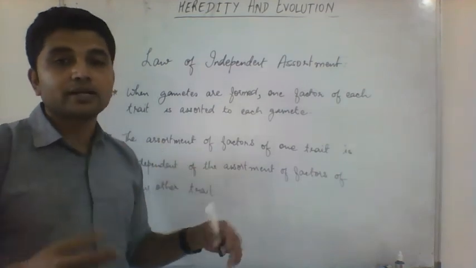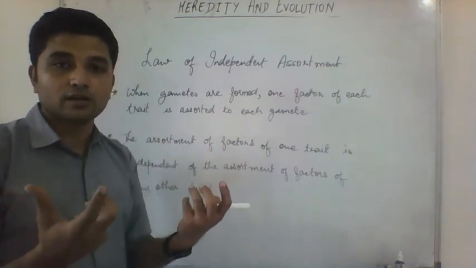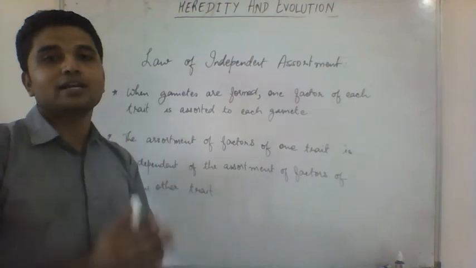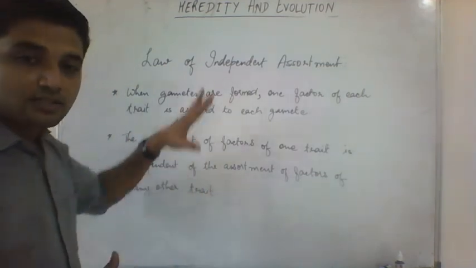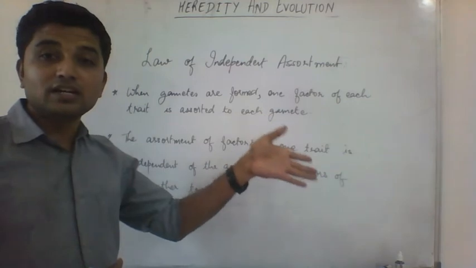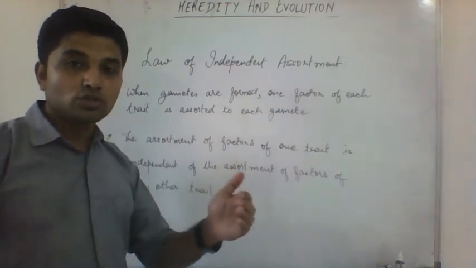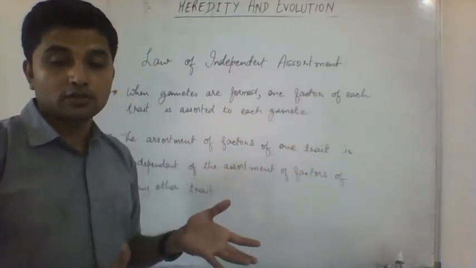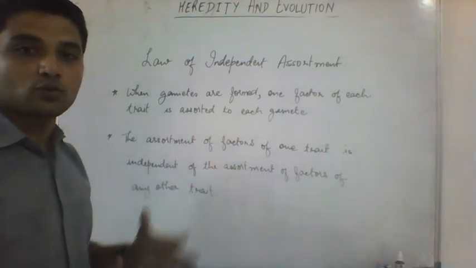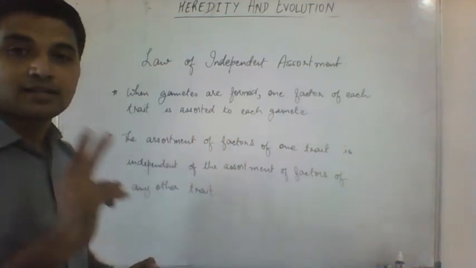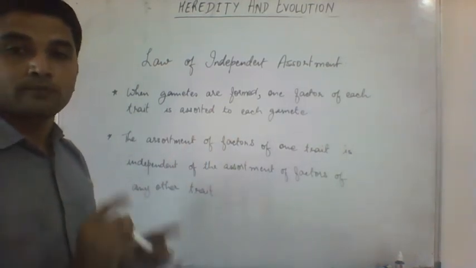If 2 traits are independent, that means their factors will also be independent of each other, and their assortment into gametes is also independent of each other. This conclusion he came out with from the dihybrid cross. The 9:3:3:1 ratio cross gives this conclusion, and this is known as the law of independent assortment, the second and the most important law of Mendel.